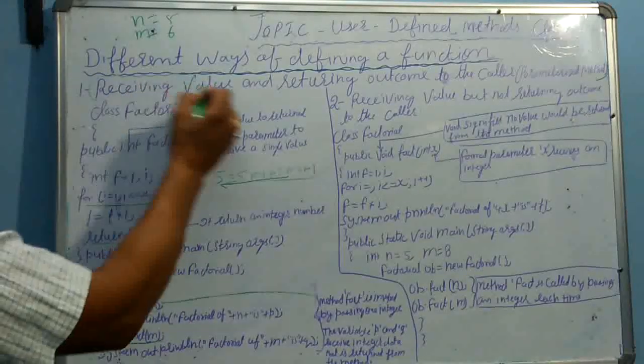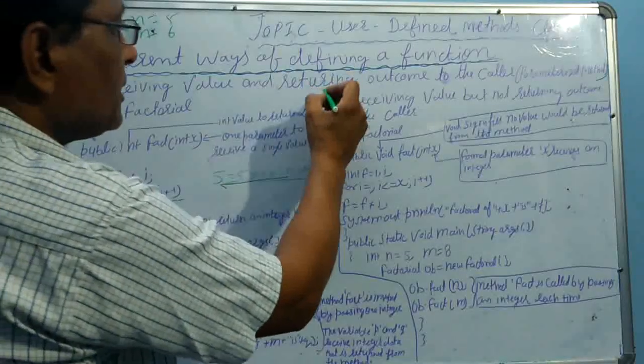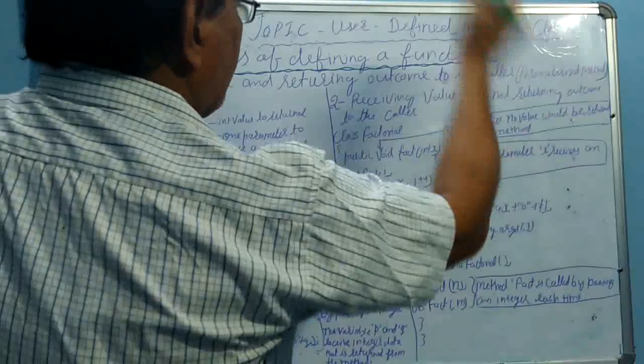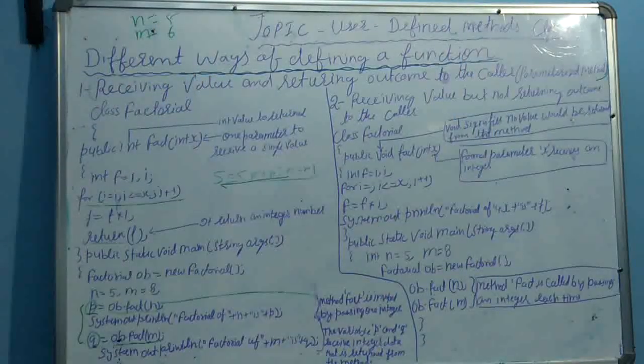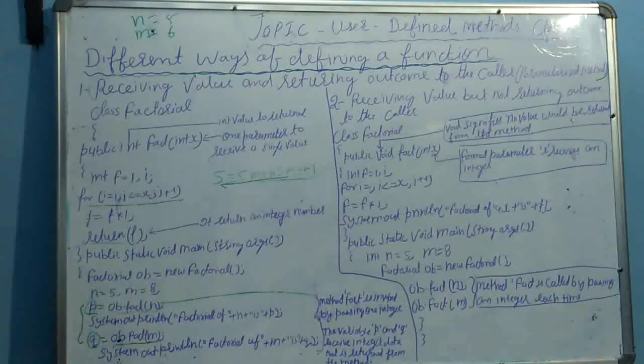So receiving a value and returning an outcome to the caller is one way of defining the function.